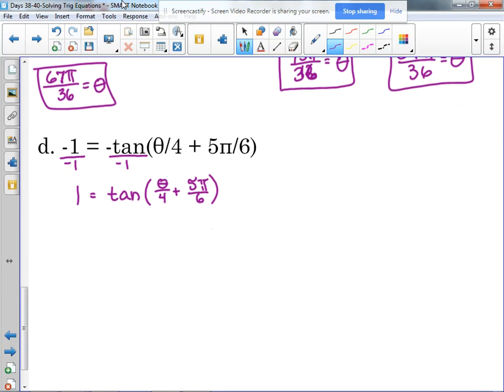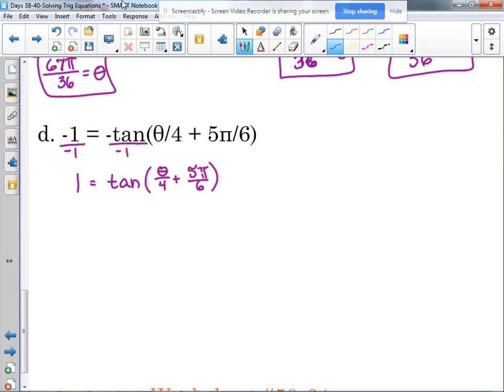So tangent is equal to 1, where sine and cosine have the same value, so that's at pi over 4. And that would also be at 5 pi over 4, where they're both negative.